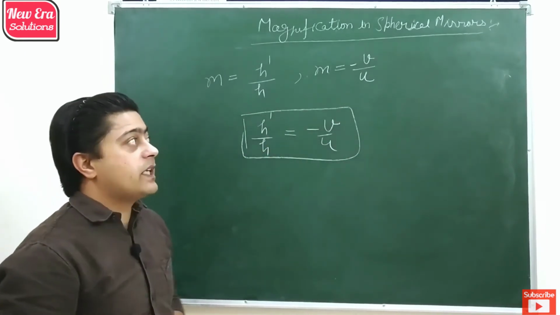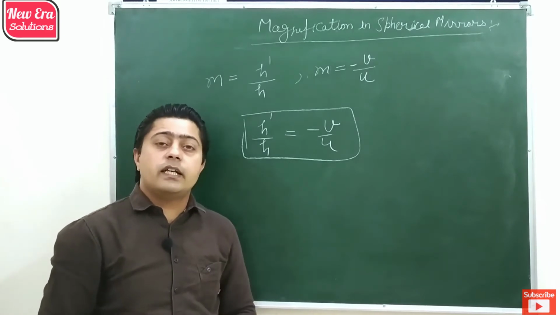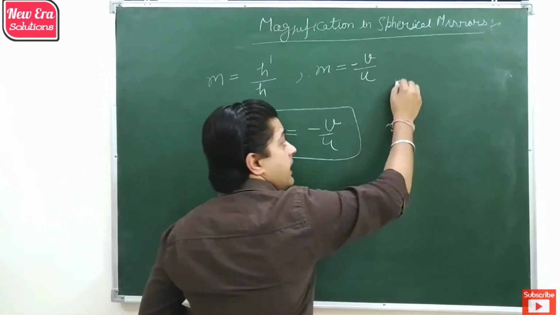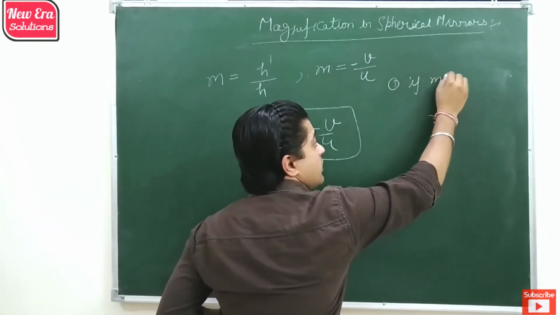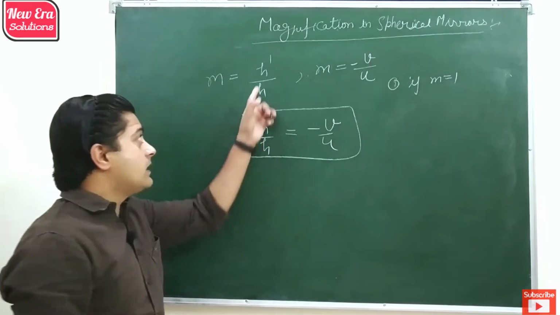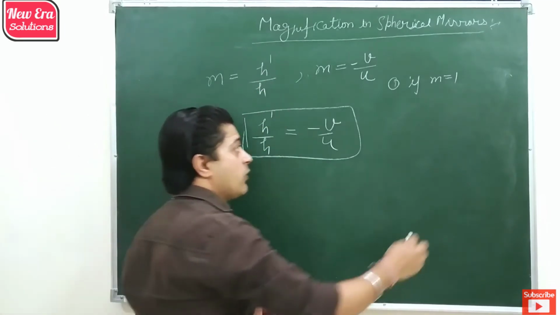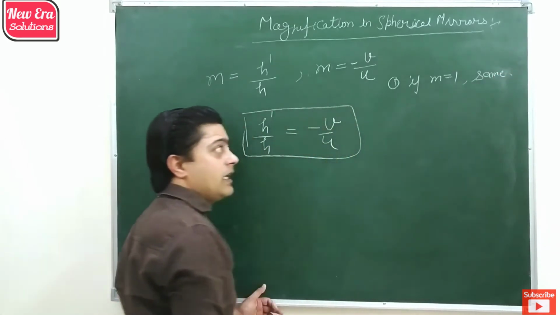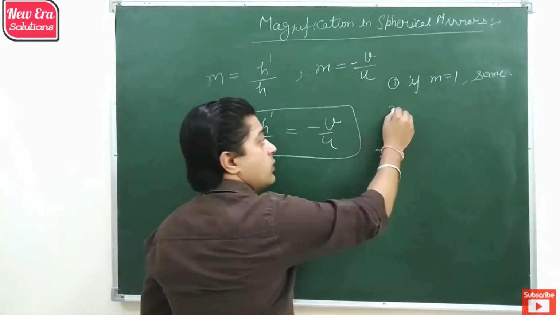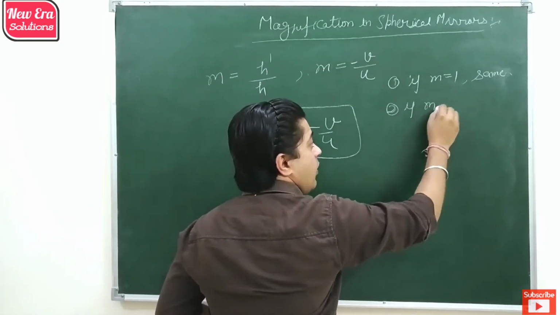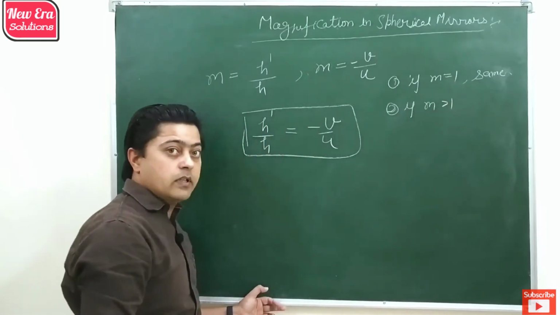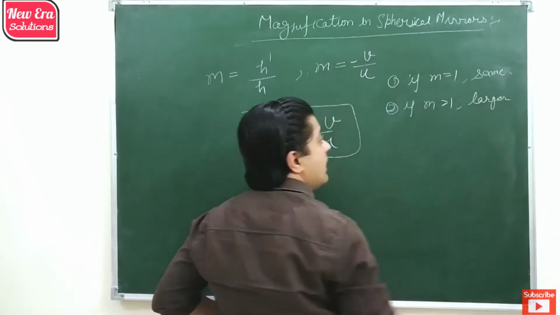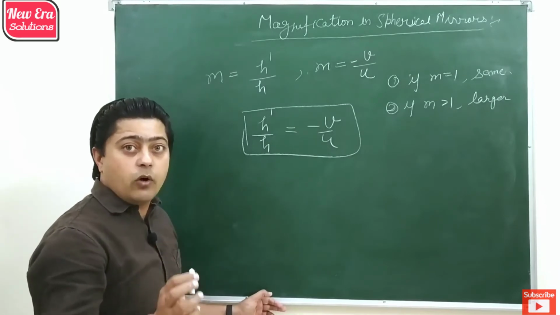Now the magnification also has certain properties with respect to spherical mirrors. If m is equal to 1, then the height of the image is the same as the height of the object, so the image formed is the same in size as the object. Number 2, if the magnitude of m is greater than 1, that means the image formed is larger as compared to the object.